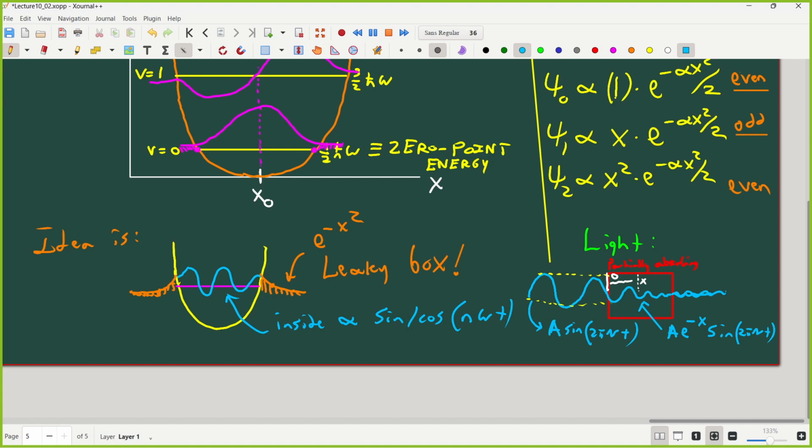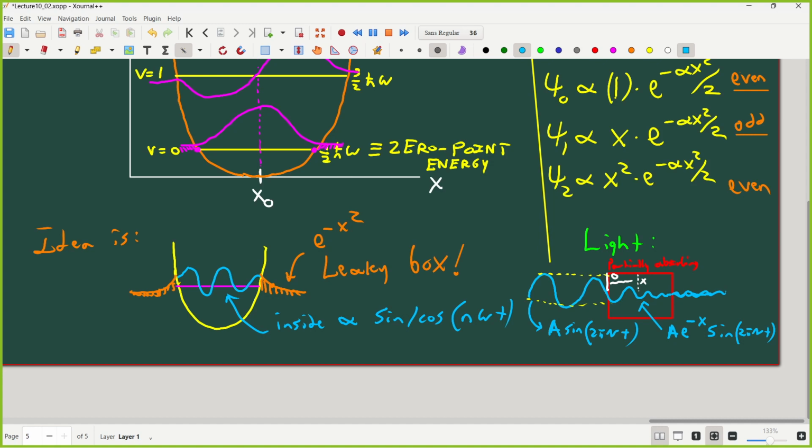But there's a probability that the bond or the system will slightly leak out of the box. And the amplitude of that decays as roughly e to the minus x squared, where x is the distance from the turning point.